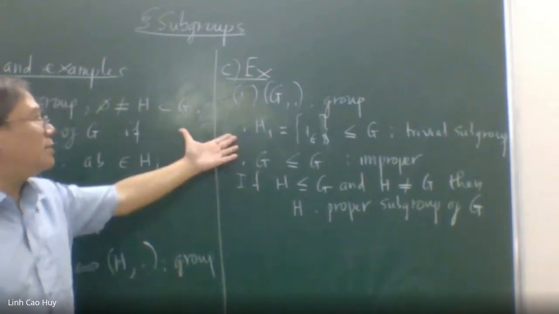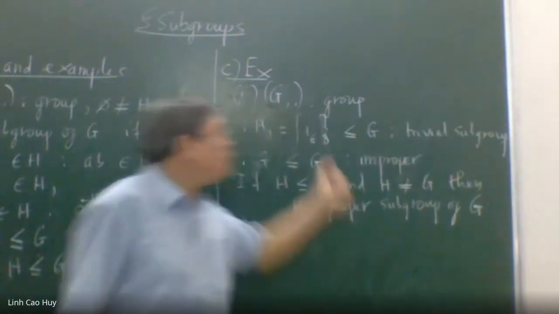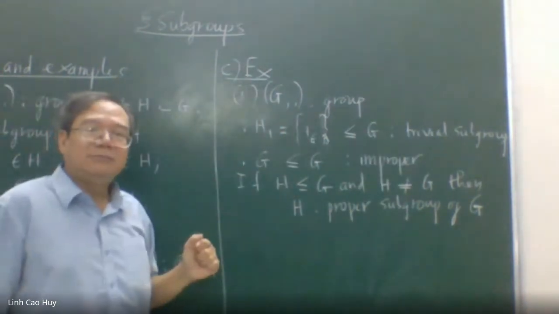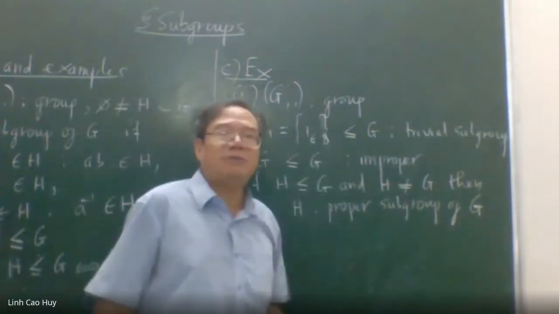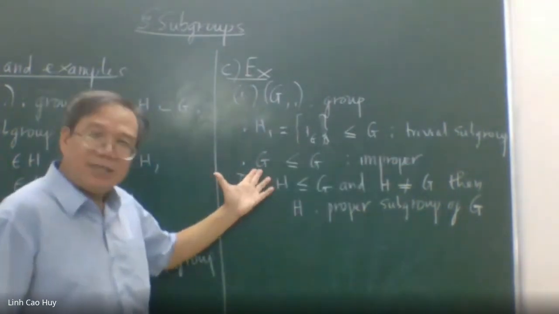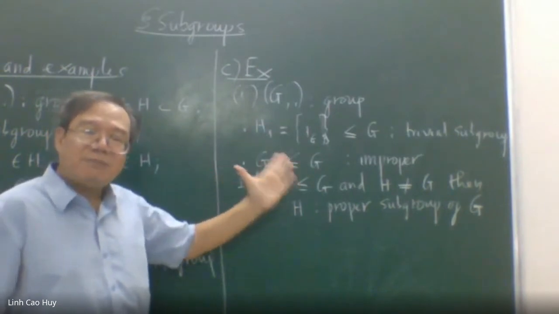The first one, the trivial subgroup, with only one element. And the second one, the improper subgroup of G, that means G is a subgroup of itself.